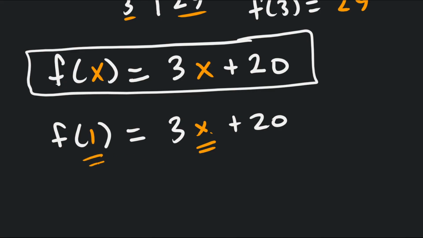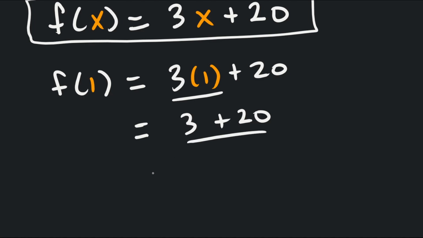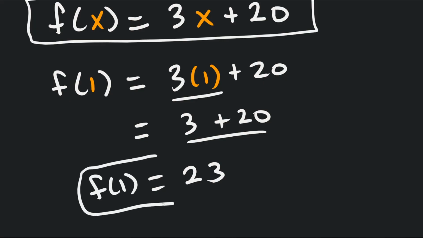So our input is 1, so we're going to substitute this x for 1. So 3 times 1, and then we'll evaluate this. What is 3 times 1? 3 times 1 is 3, so 3 plus 20. And what's 3 plus 20? That is 23. So f of 1 equals 23.